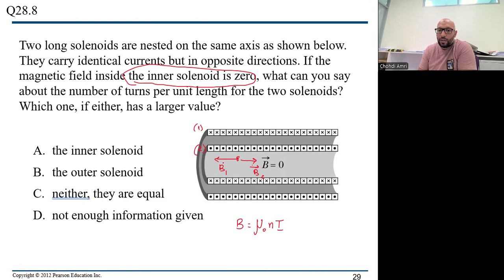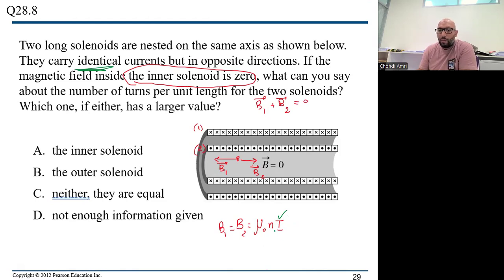These two vectors are equal in magnitude, opposite in direction. Why? Because their sum is 0. So we can say that B1 equals B2, but opposite in direction, as long as we have identical currents according to the question.